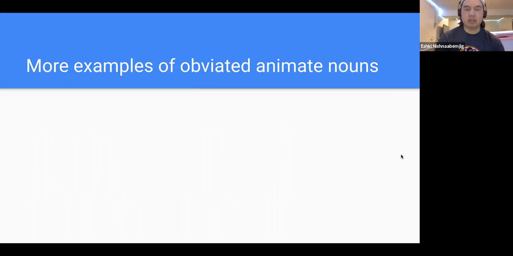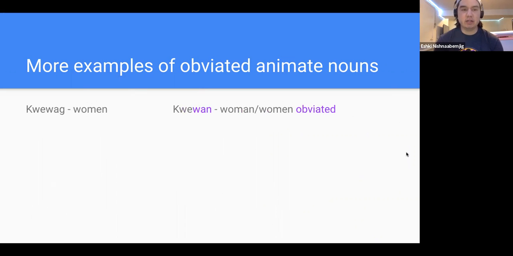Here are some other examples of animate nouns when they're obviated. Kwewug, kwewan. We'll get more examples of what context you use these in. You just think of the plural, kwewug, and then you put an N at the end, kwewan.